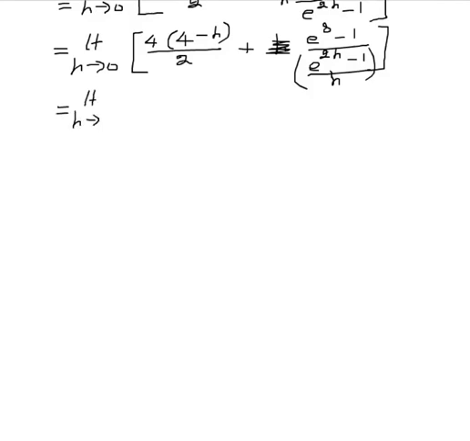Limit h tending to 0 of two times 4 minus h. e power 8 minus 1 is a constant, divided by e power 2h minus 1 by h.